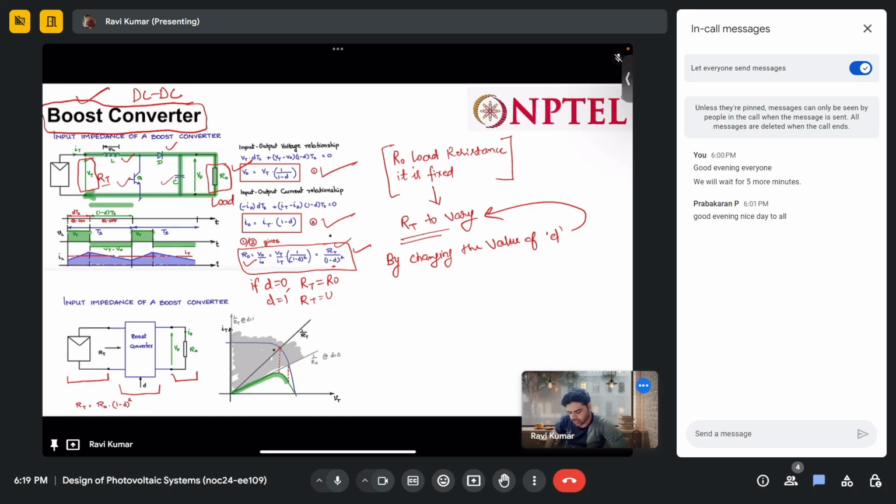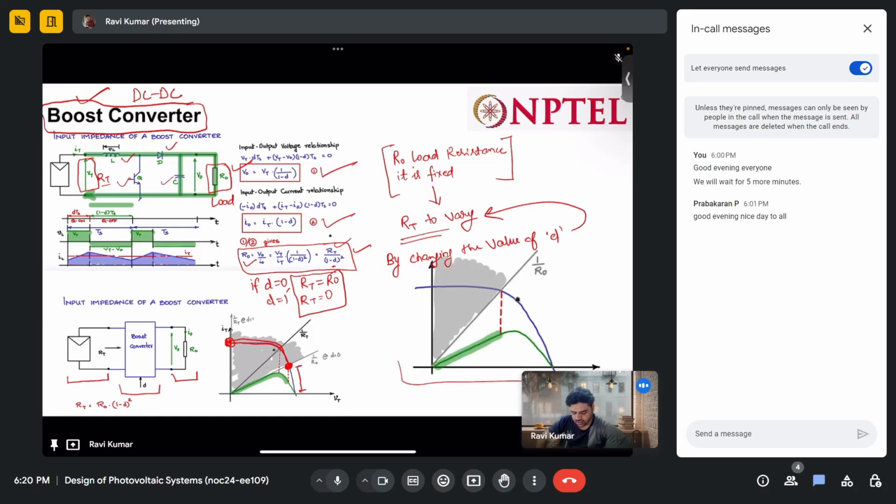It means it can vary RT from 0 to R naught only. So we can track this characteristic from this infinite slope to the 1 by R naught slope. That is this one, the 1 by R naught slope. So this is the portion which is left uncovered. We cannot track this particular condition here in the boost converter.